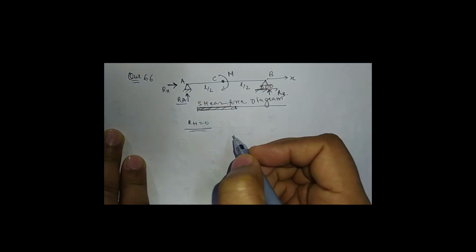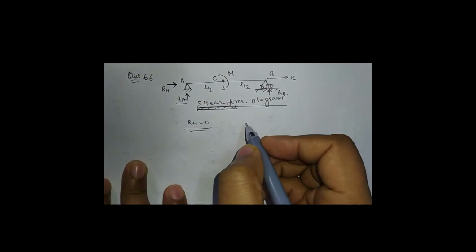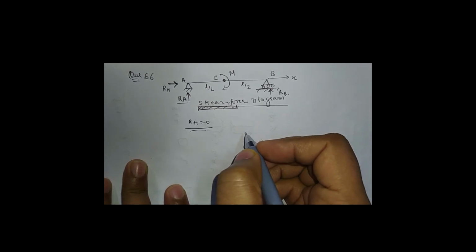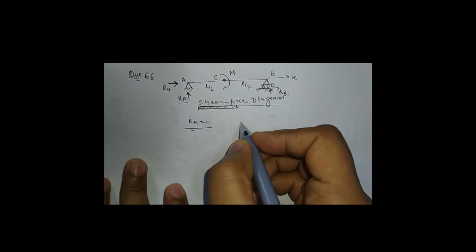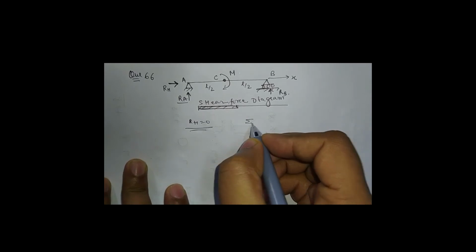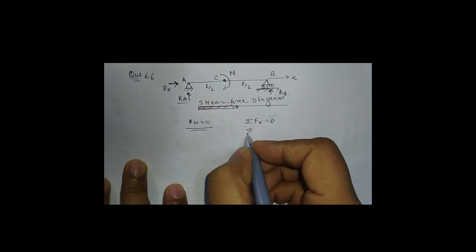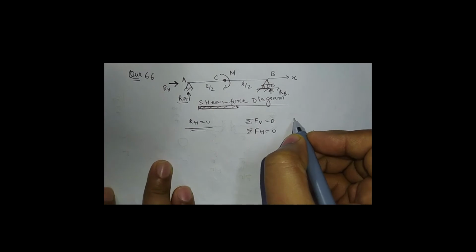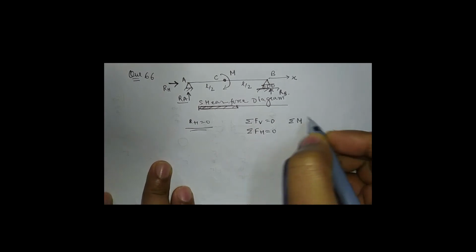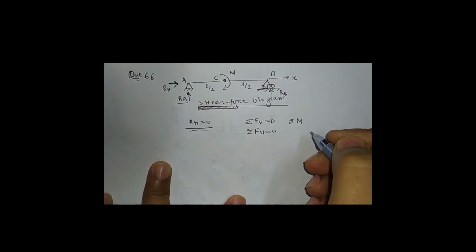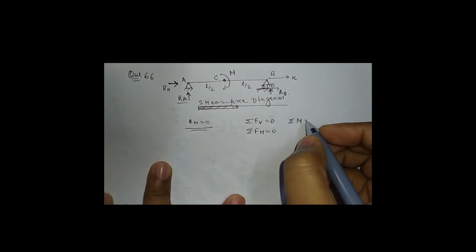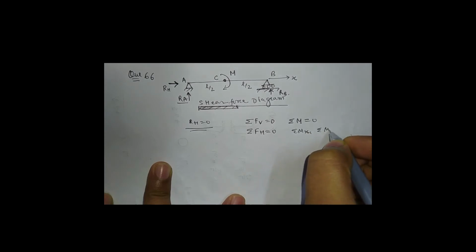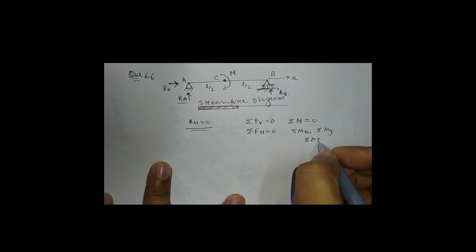We have to solve it by using the equations of static equilibrium. The static equilibrium equations are: summation of force in the vertical direction is 0, summation of the force in the horizontal direction is 0, and similarly summation of moment at any point for a statically stable system is 0, either Mx or My or Mz.